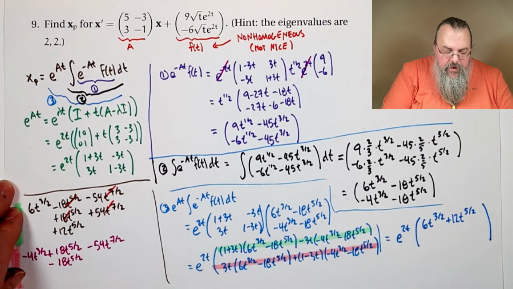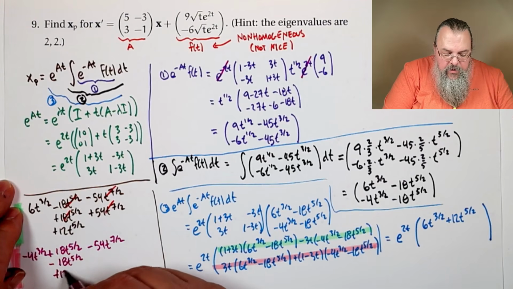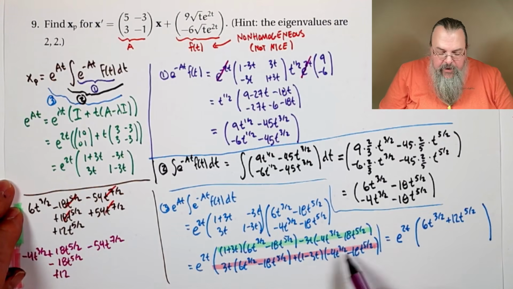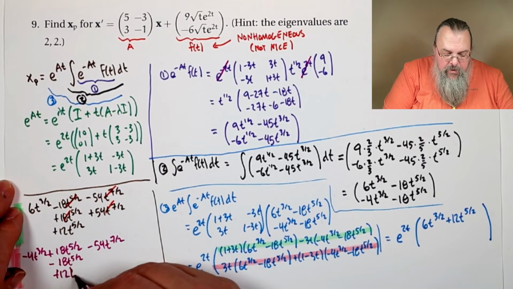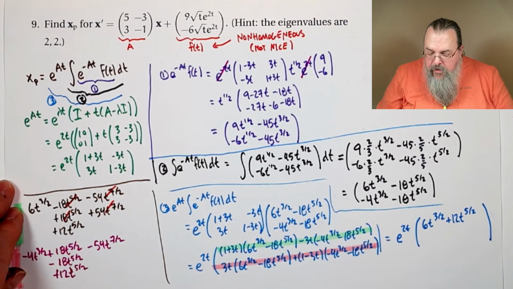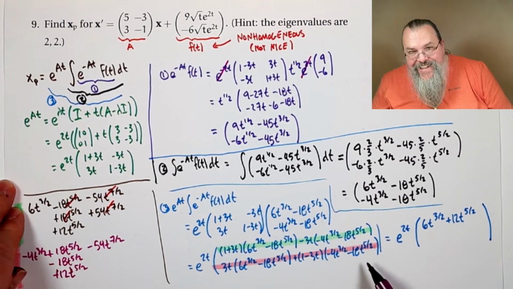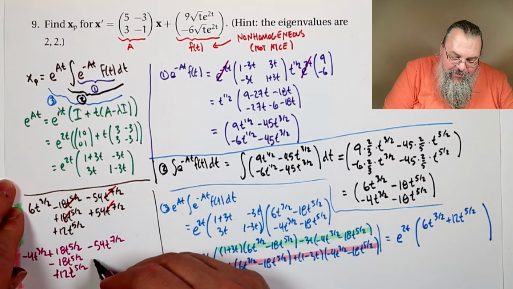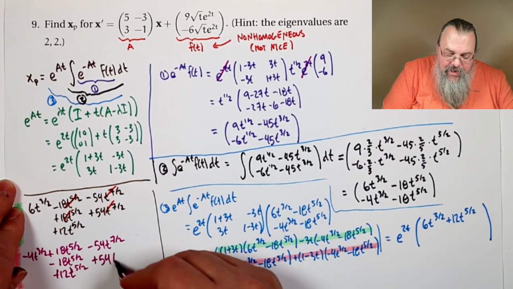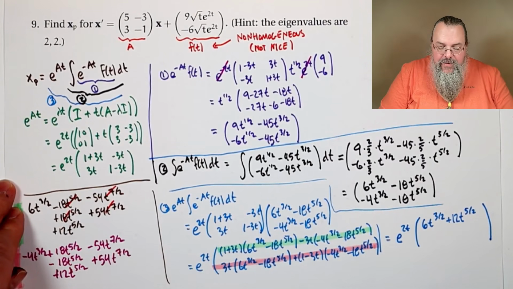Minus 3 times minus 4 makes a plus 12. And then we'll get t to the 5 halves. And then finally, minus 3t times minus 18t to the 5 halves makes a plus 54t to the 7 halves.